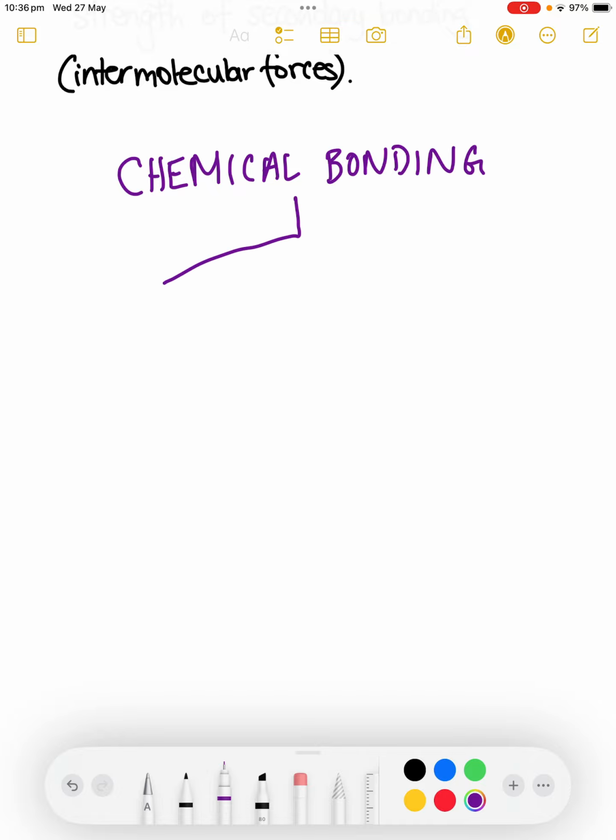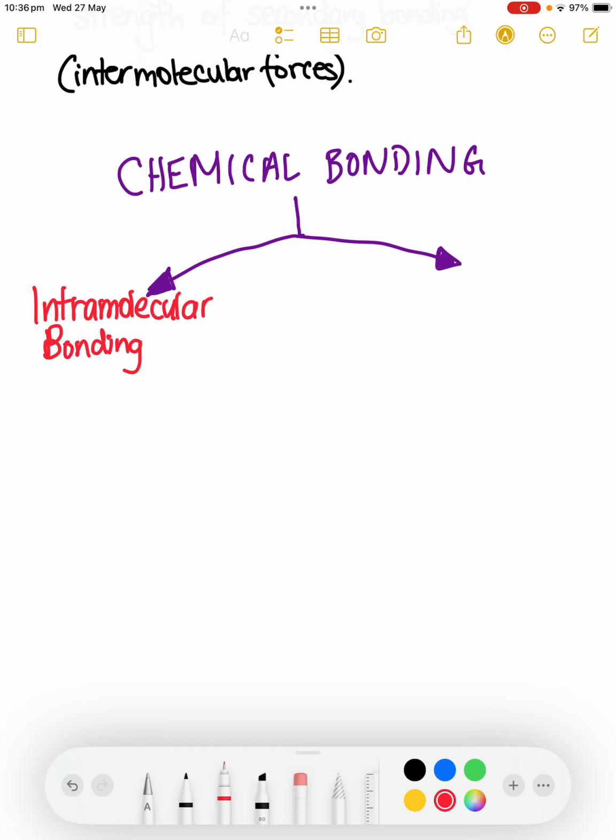That's going to branch out into two directions here. So, in two different colors, we've got intramolecular bonding, and on the other side we've got intermolecular bonding.